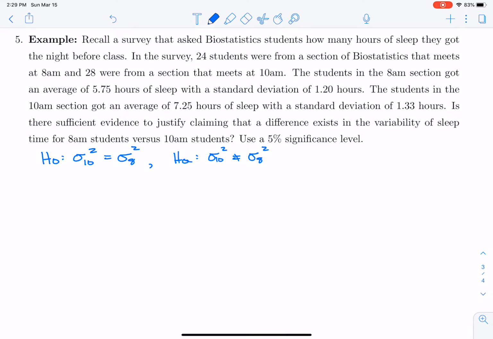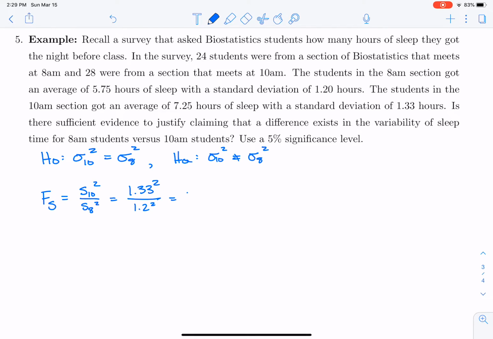So now what is our F statistic going to be? It is going to be the variance for 10 a.m. divided by the variance for 8 a.m. The variance for 10 a.m. is 1.33 squared, and the variance for 8 a.m. is 1.2 squared.